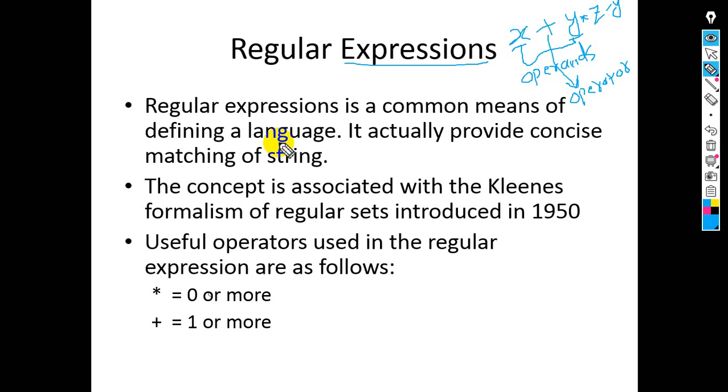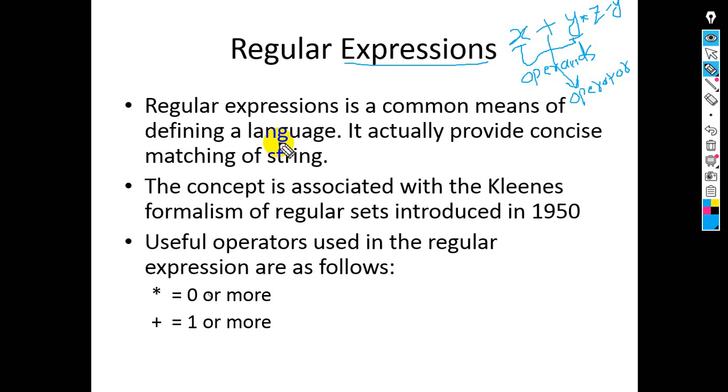Second is the recursive definition, in which we specify a condition, and on the basis of that condition we make a language. For example, if x is even, then x plus 2 will also be even, x plus 4 will also be even. So this was the recursive definition of a language.